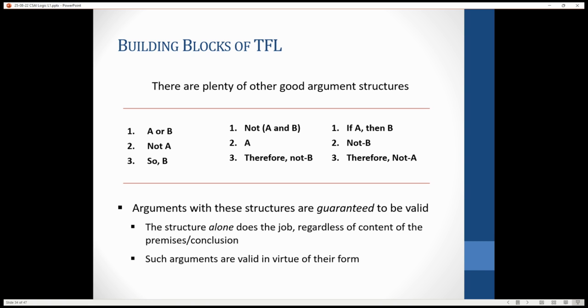We do not care what the A's and B's are. That's where the validity is coming in. It's validity in virtue of argumentative structure. Don't care about the things that A's and B's say. Don't care about the meaning. All that matters is that it's got good structure. Good bone structure. That's where validity is coming in here.